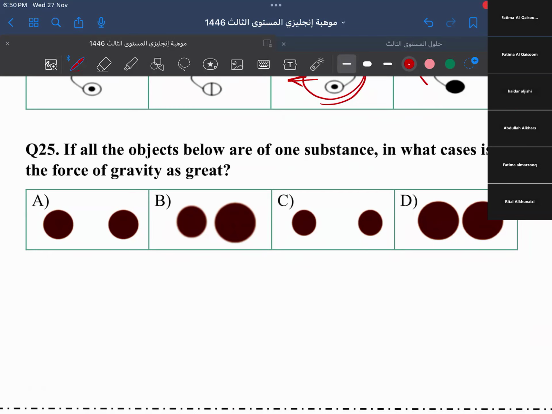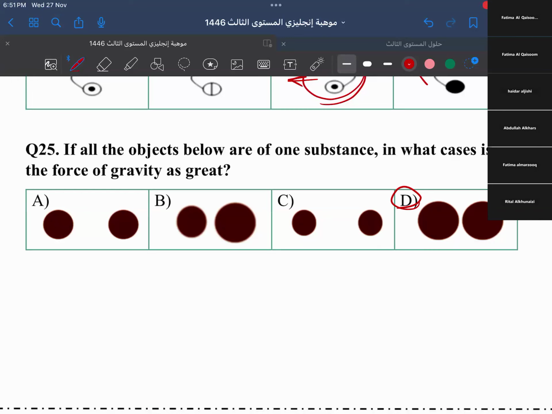So what do you think the answer would be? Yes, Abdullah? Wouldn't it be D because the greater the mass, the more gravity there is? Exactly, excellent. So D is going to be the right answer because it is heavier, it is bigger.